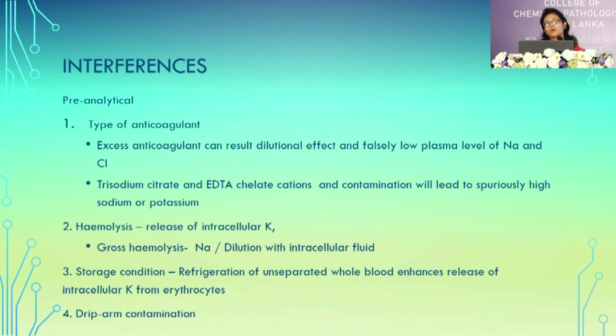So if you don't use the correct sampler, we can see this. And when anticoagulants such as trisodium citrate and EDTA are used, you know that it can chelate cations, and contamination will lead to spuriously high sodium or potassium.